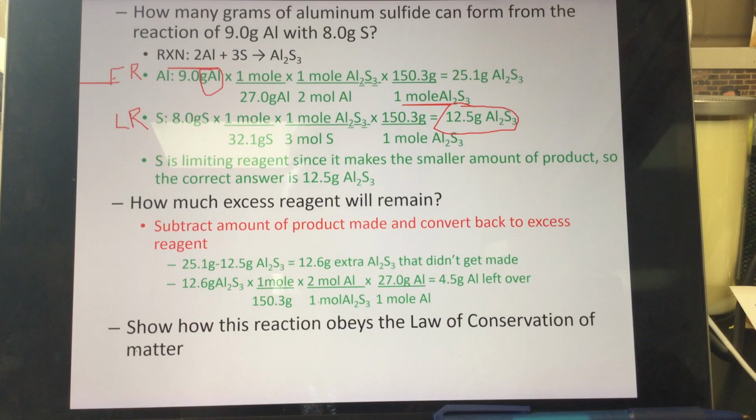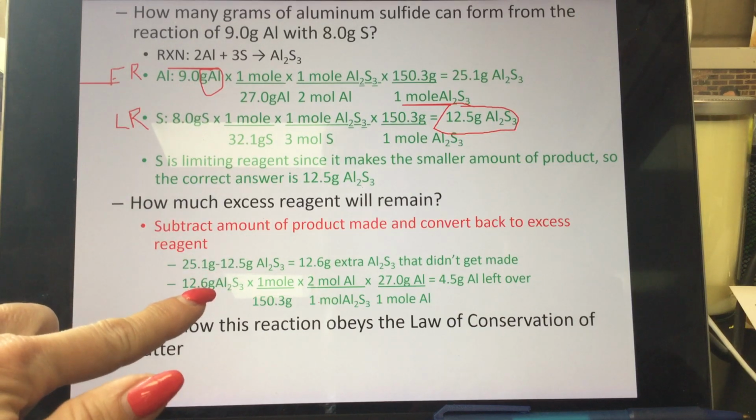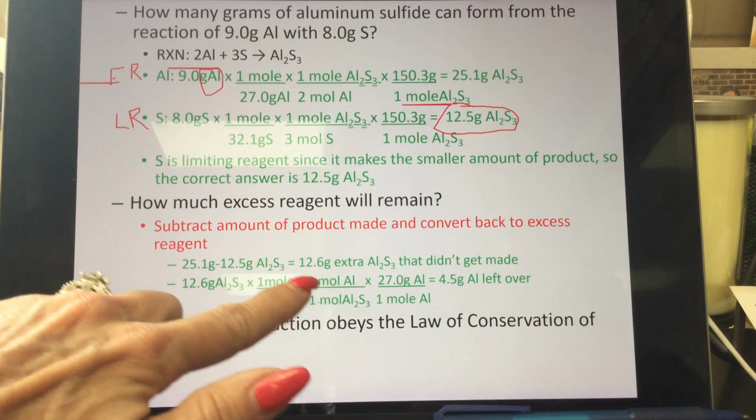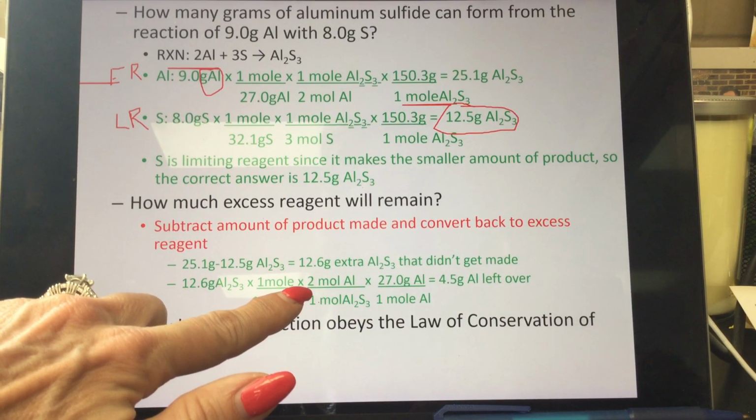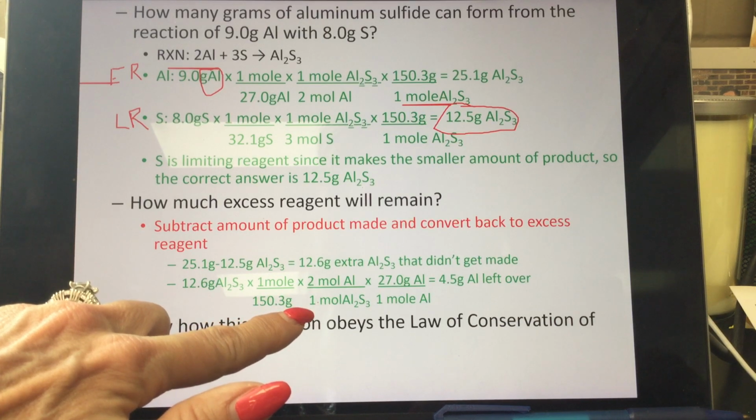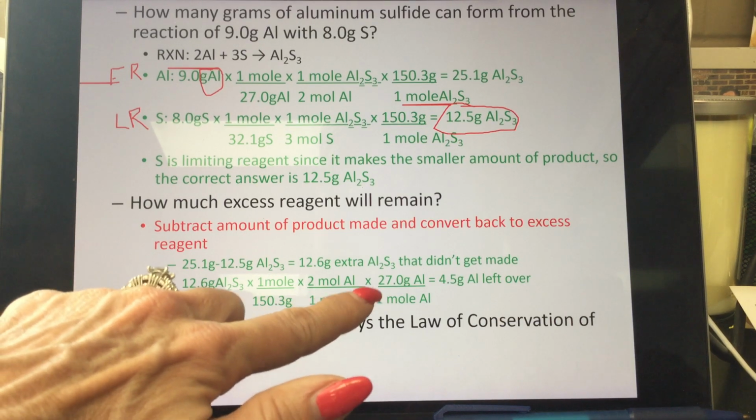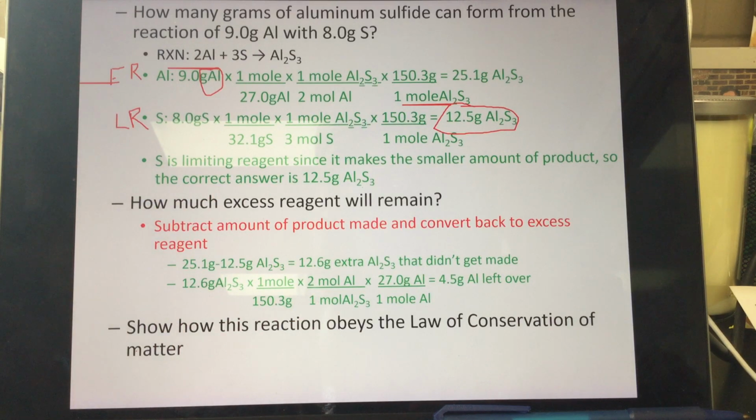And then our mole ratio. Now the aluminum sulfide is our given, and we're solving for aluminum. So we put 2 moles of aluminum on top, 1 mole of aluminum sulfide on the bottom. And then to get us back to grams, like what we started with up at the top, we need to multiply by aluminum's molar mass. So then after we do all that math, we find out that when this reaction is complete, we will end up with 4.5 grams of aluminum still in our beaker.